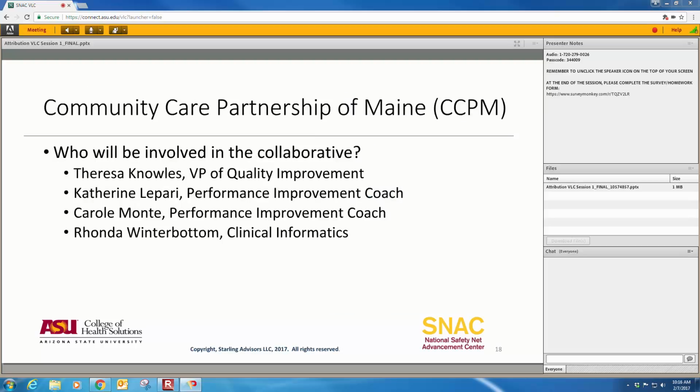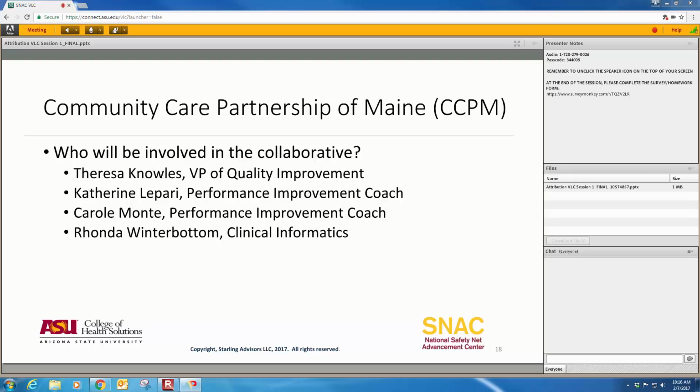So the team will be made up primarily of myself. We also have 2 performance improvement coaches who are actively working with all members of the ACO to improve care, particularly on the quality side, as well as workflow and processes within the clinic. They're primarily responsible for all of the training needs that would take place in the respective organizations.